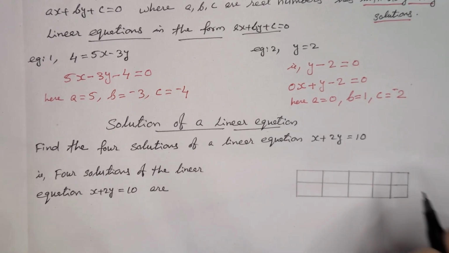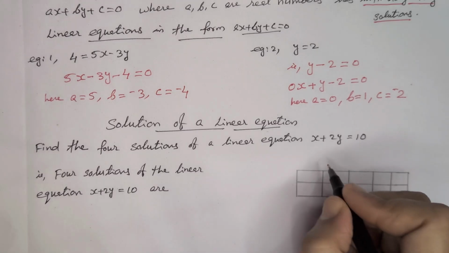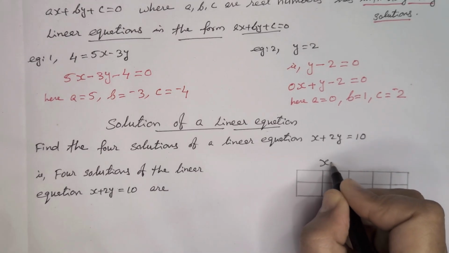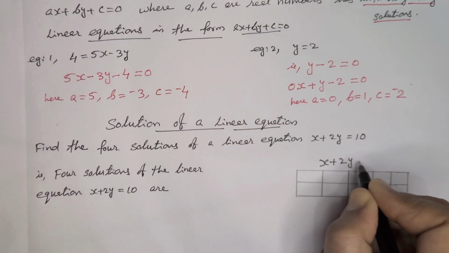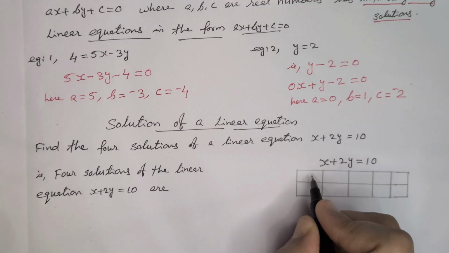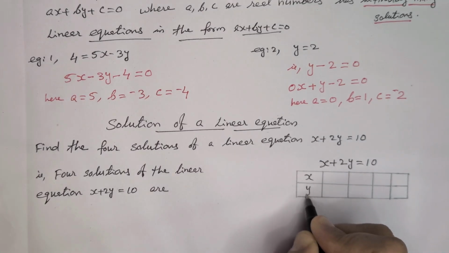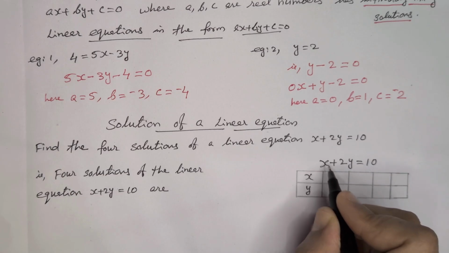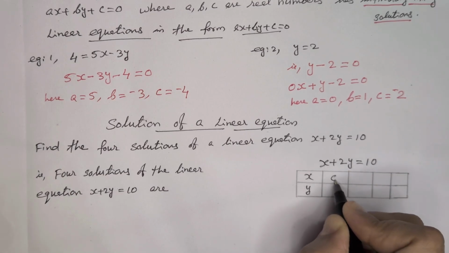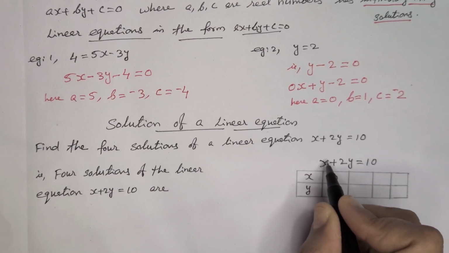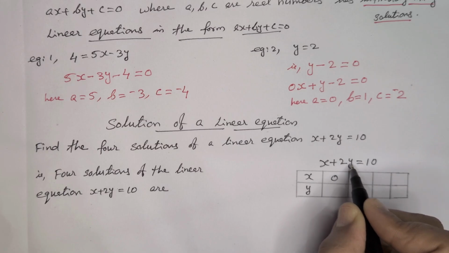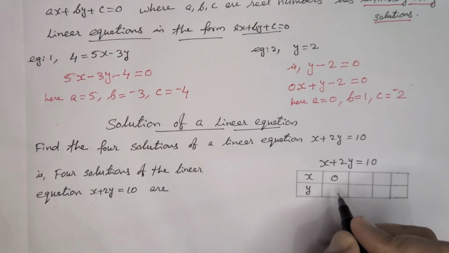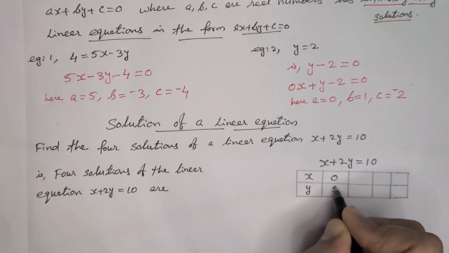First we can make a table. The equation is given as x plus 2y is equal to 10, with columns x and y. We can put any value for x or y. If I put x is equal to 0, then this term becomes 0. That means 2y is equal to 10, then y is equal to 10 by 2, that is 5.